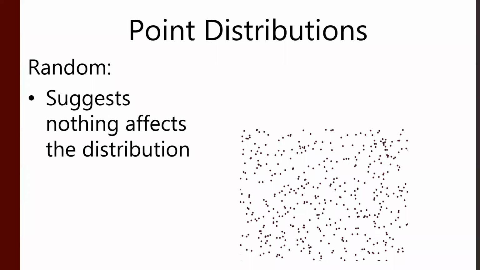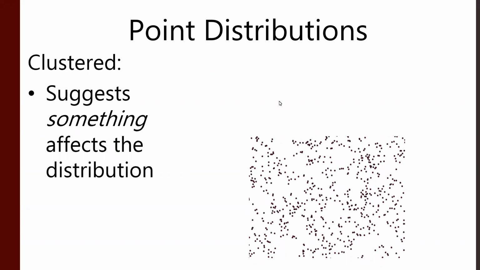Here's some random points. Maybe nothing affects that. Here's some clustered points. Something is going on here. Now, this could represent a lot of different information, these points. This could be in an area, and we went and we sampled all trees of a certain species. And when we map them all, we say, hey, all these trees are clustered together. Something must be affecting the distribution.